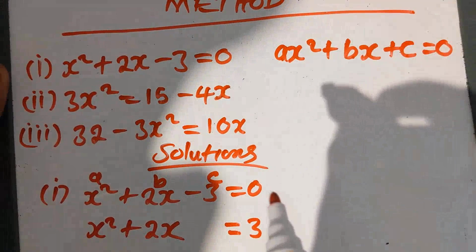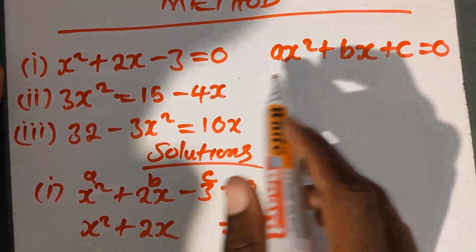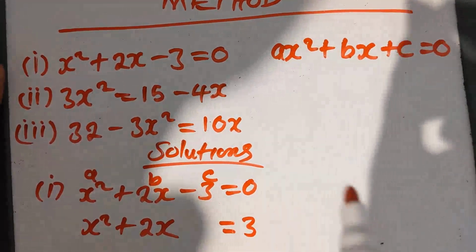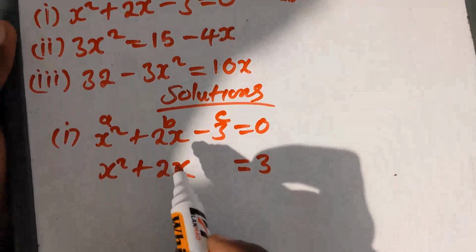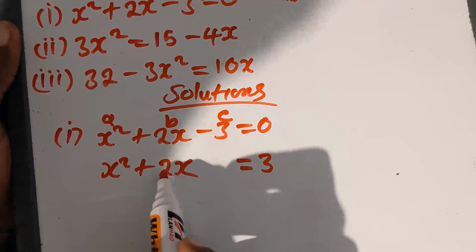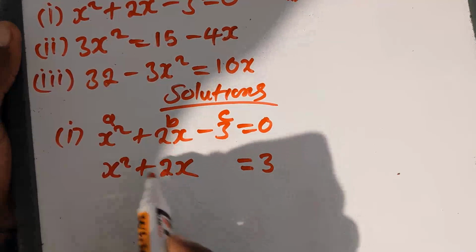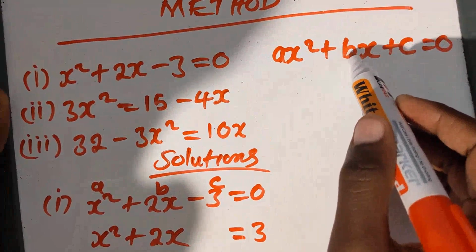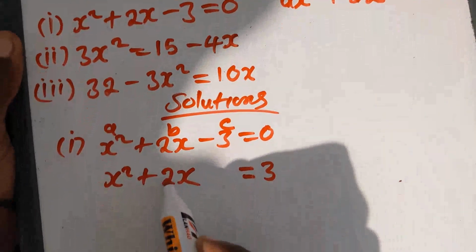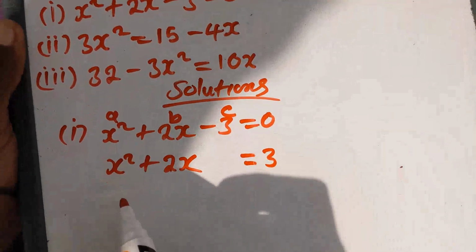A coefficient is a number attached to a letter. So a number that is attached to a letter, like this one, it is 2. So this is a coefficient. If you look at it here, this is b.